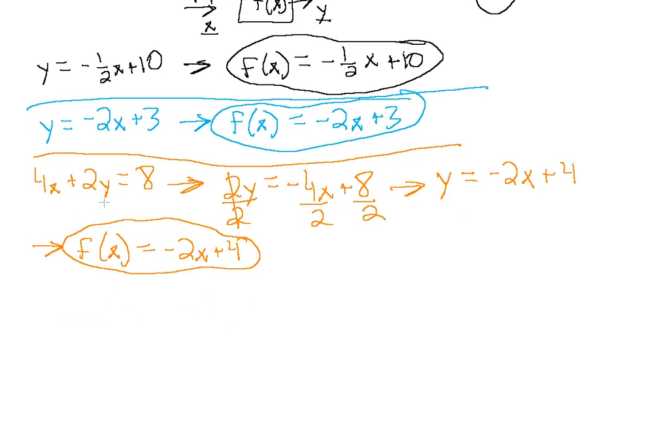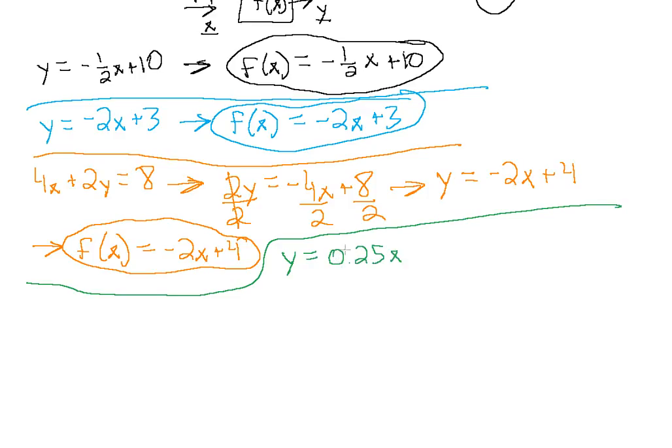Okay, so what we want to do is we want to isolate y. We want to solve for y so we can plug in f of x for y. We're just making the transition from using y notation or linear notation to functional notation. So let's look at some more. Let's say we have the equation y equals 0.25x. Okay, not a whole lot to this one. We just replace y with f of x.